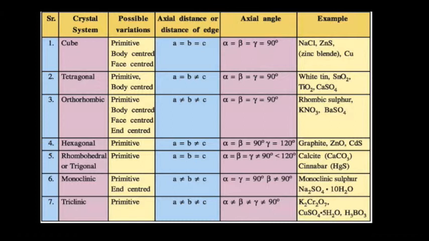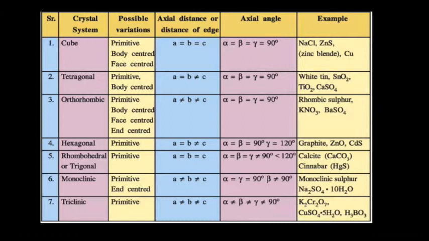In this table, first column is the serial number, second column is crystal system, third column is possible variation, fourth column is axial distance or distance of edges, fifth column axial angle, sixth column example. So first, cube.